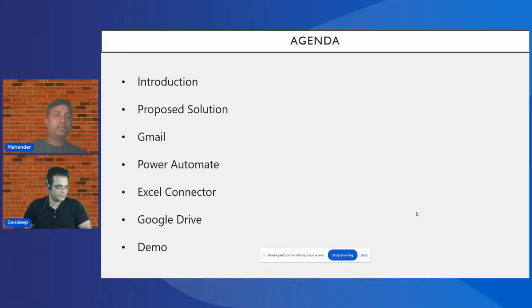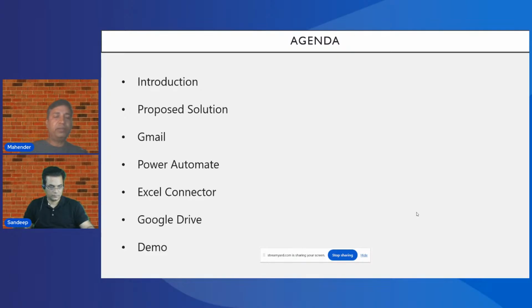And then we will discuss the Excel connector. For example, when we get an email with an attachment and put it on some location, maybe we want to record some details, like when we received this document and from which customer. These details we can store in a centralized Excel file, with the details required for our business.